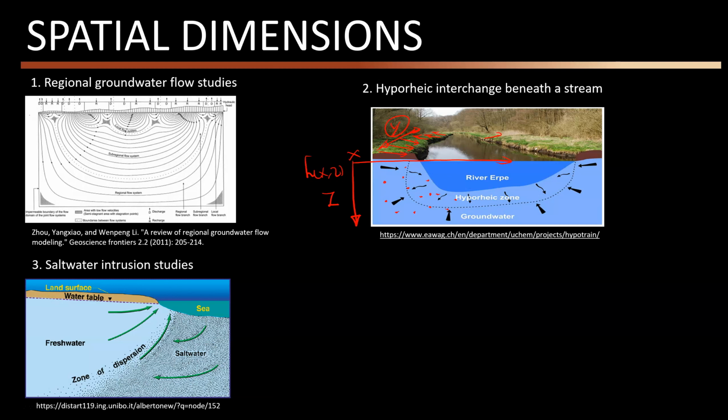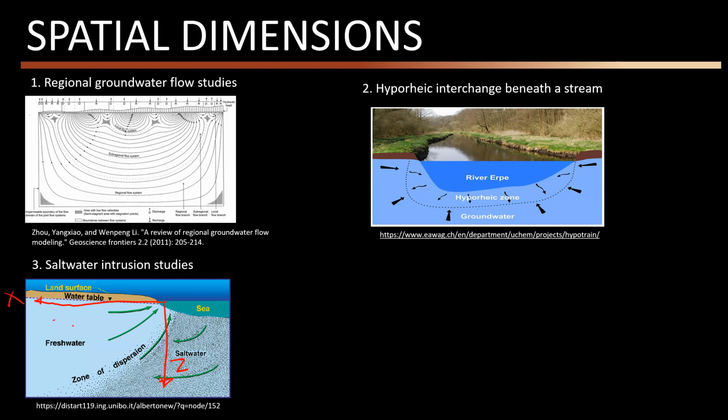Saltwater intrusion is another interesting case where you can see why we simplify and use 2D models. Again, in this case, we want to know how the head is distributed in the z and x direction. Let me correct my x direction. We usually use the sea level as the datum.